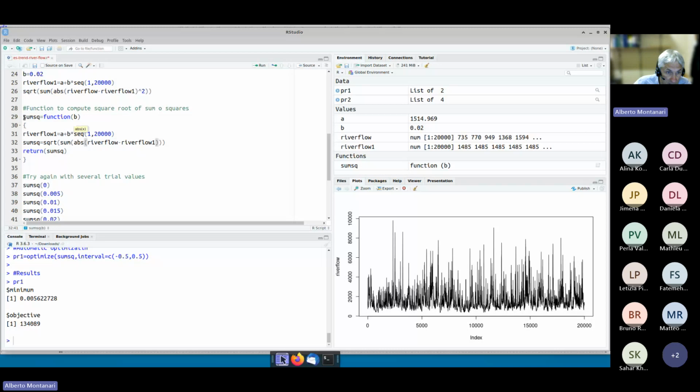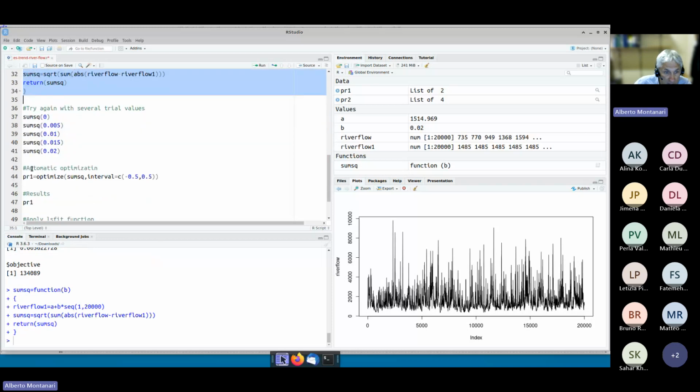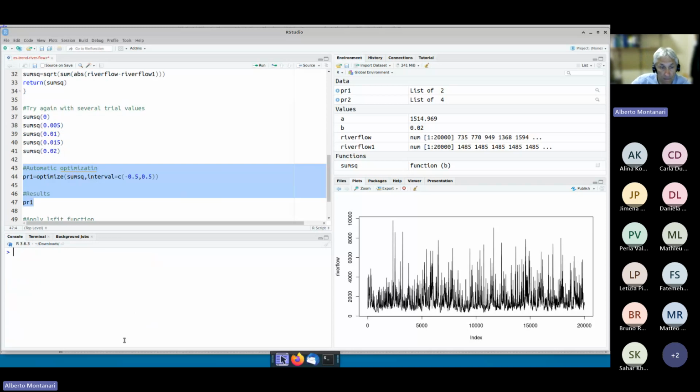Let me run it in R, and let's use the optimize function again. Now we are using the sum of the absolute errors. I cleared the console.